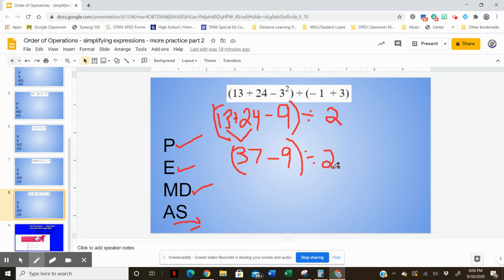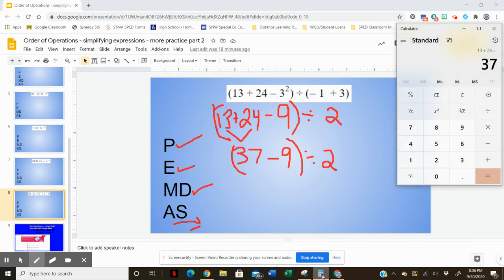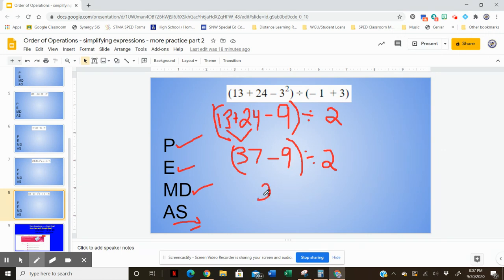Now I'm almost done solving inside those parentheses. I have 37 minus 9 is my last problem inside the parentheses. And let's see here, I'm going to go 37 minus 9 is 28. All right, we've got our 28.